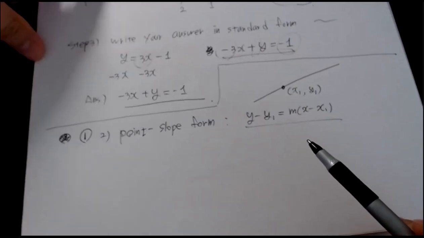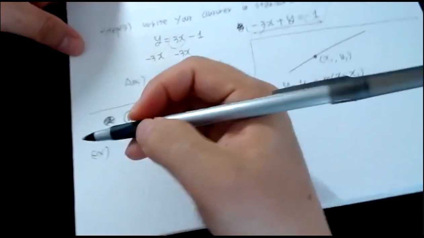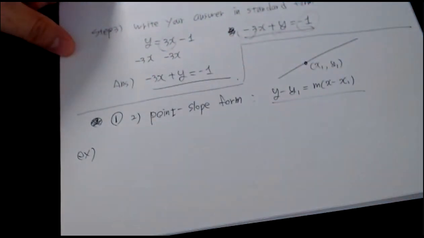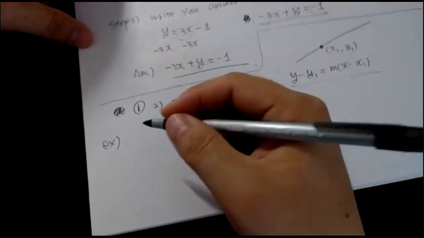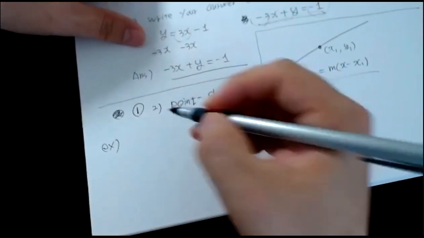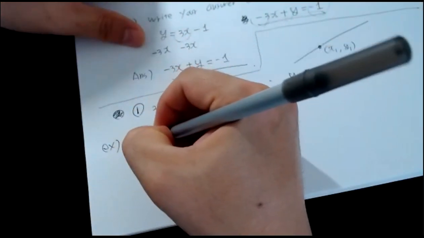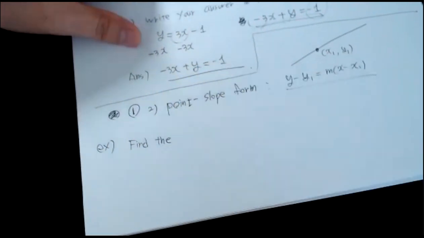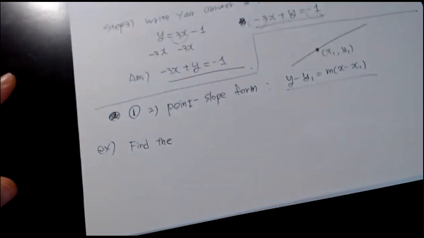Okay, so for example, let's see an example in the textbook. Give me a second. Yeah, I'm just looking at example 4 in the textbook. They ask us to find the equation of a line in slope-intercept form. But let's modify the problem.